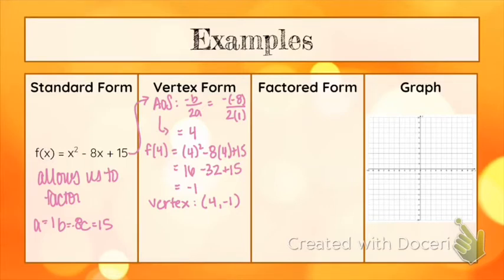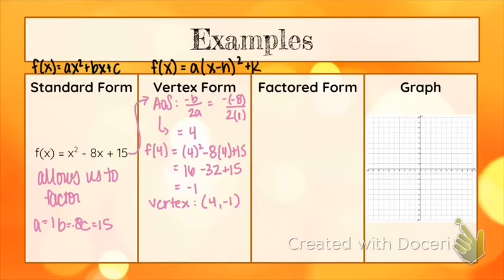So remember that vertex form. So on this first one, I'm going to write the forms out for you. So this is f of x equals ax squared plus bx plus c. Vertex form is f of x equals a times x minus h squared plus k.